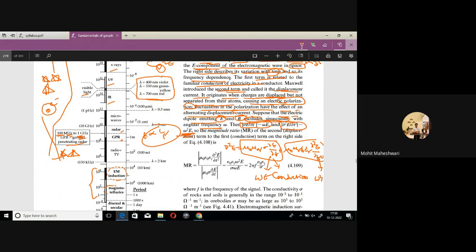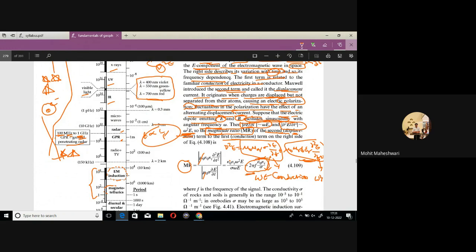In this case, we define a parameter known as the magnitude ratio, MR. The magnitude ratio is defined as the second term upon the first term: the displacement term to the conduction term. If we cancel out epsilon 0 with epsilon 0 and mu 0 with mu 0, we finally get the equation 2 pi f epsilon 0 epsilon r upon sigma.